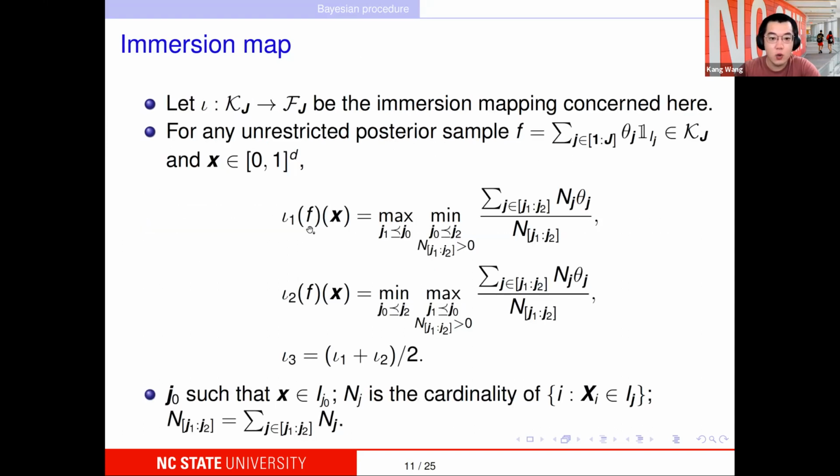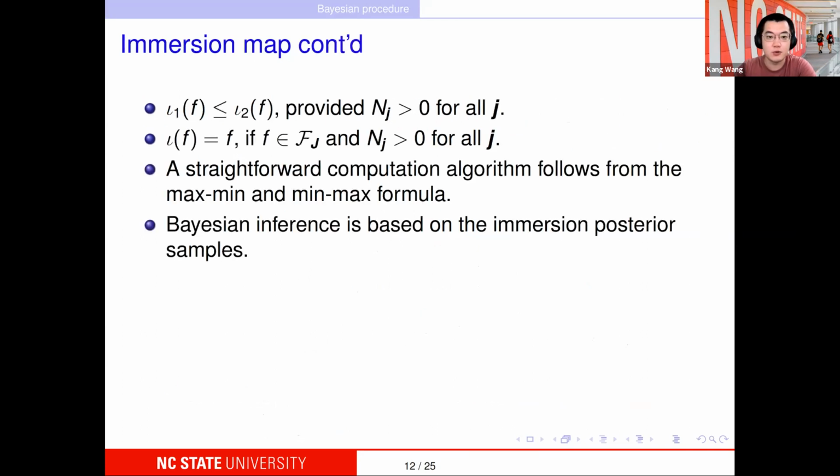The first one is smaller than the second, because we take minimization first and then maximization. It is usually smaller than the second one, provided all the n_j, the number of observed coordinates in I_j, are greater than 0. Also, if f itself belongs to the monotone piecewise constant function class, then the immersion of f equals f itself.